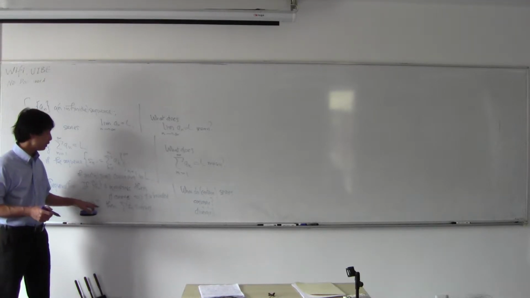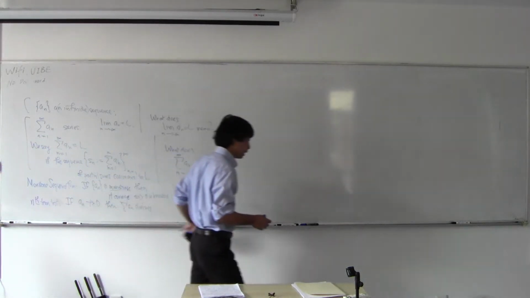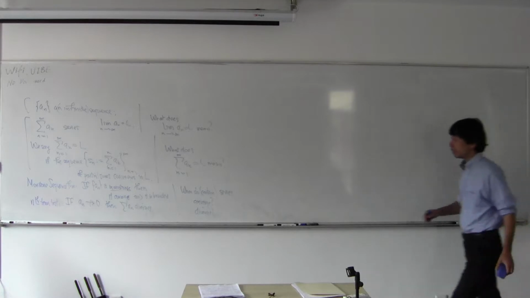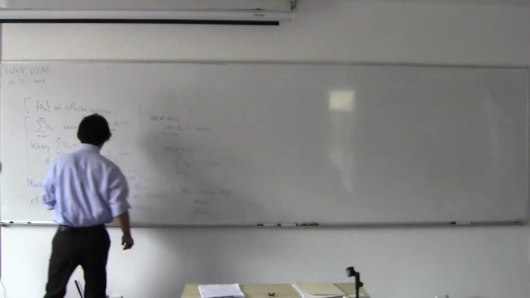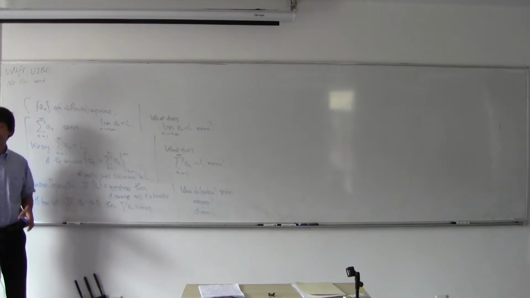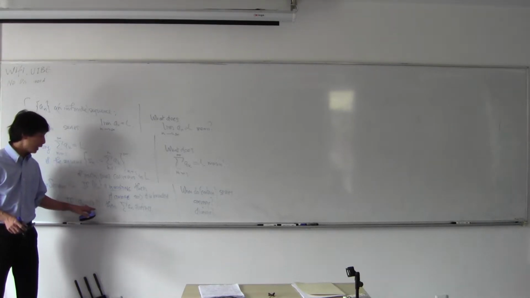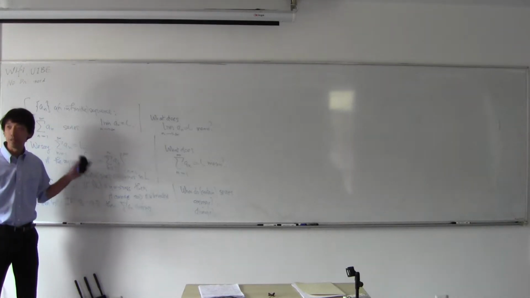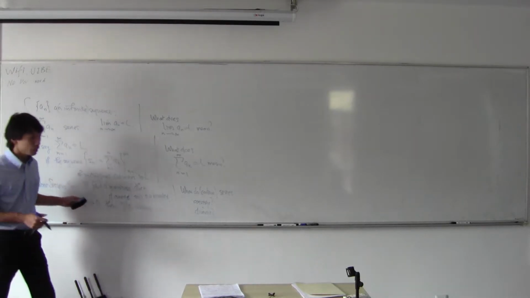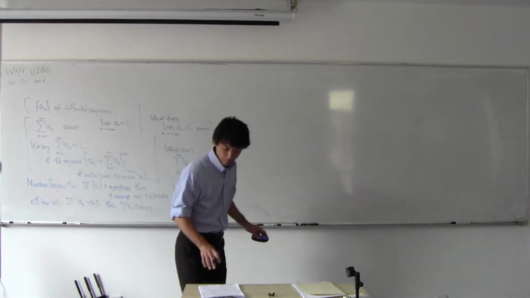In general, if you have a general series, if the nth term doesn't go to 0, then it diverges. But if the nth term goes to 0, you don't know. It could converge or it could not converge. So that's basically where we finished up.